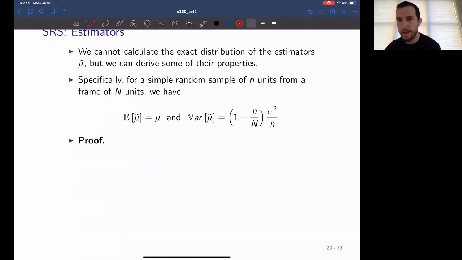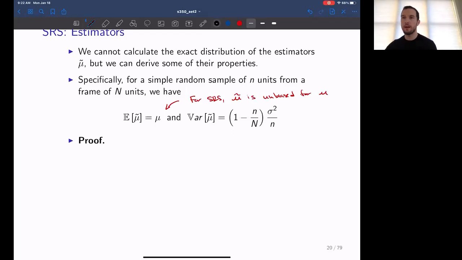On slide 20, I have the final results. You'll notice here that the expected value of mu tilde is equal to mu. This result shows that for SRS, mu tilde is unbiased for mu.